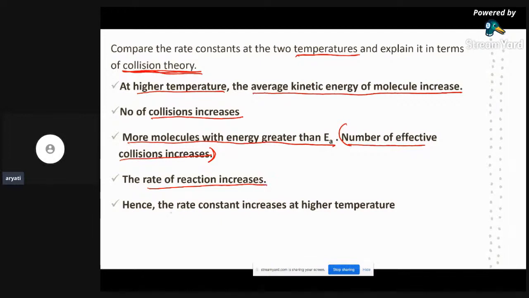So hence, the rate constant will increase at the higher temperature. So, okay, so kamu mesti relate collision theory dengan temperature, kemudian kamu akan relate the rate constant dengan temperature.